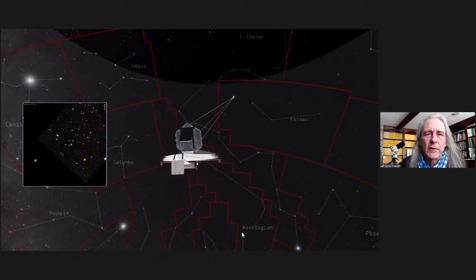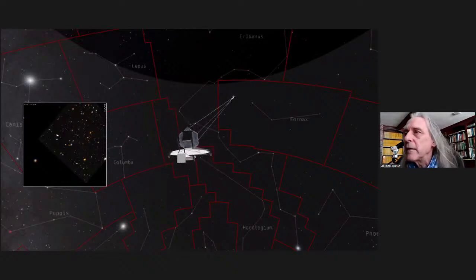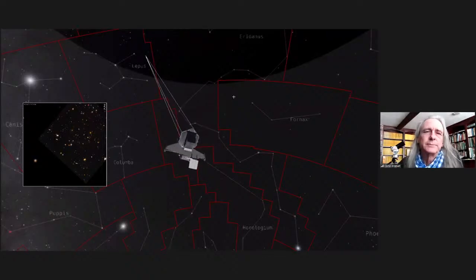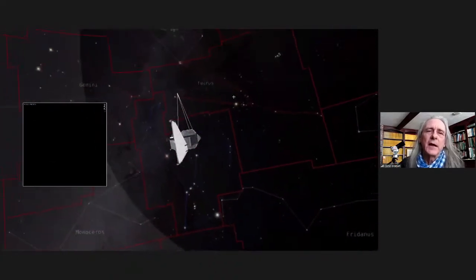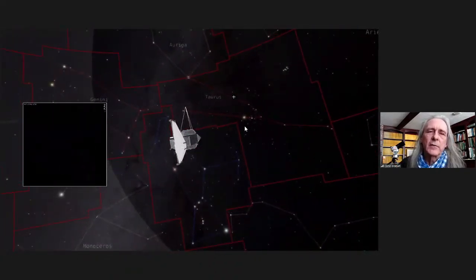Let me pull back just a little bit. And let's go now to the Crab Nebula. We're going to point where that is. And the Crab Nebula is just between the horns of Taurus the Bull.